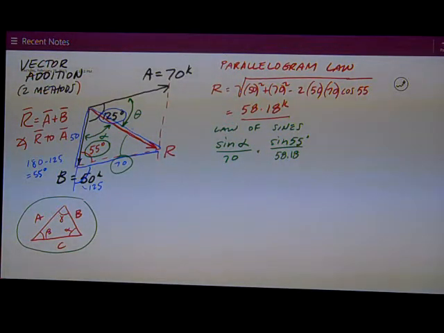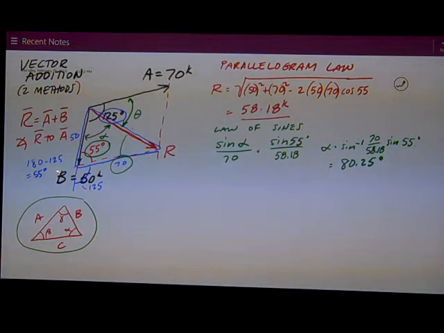So I can rearrange this, and I get that alpha is equal to the inverse sine of 70 divided by 58.18 times the sine of 55. That works out to be 80.25 degrees.